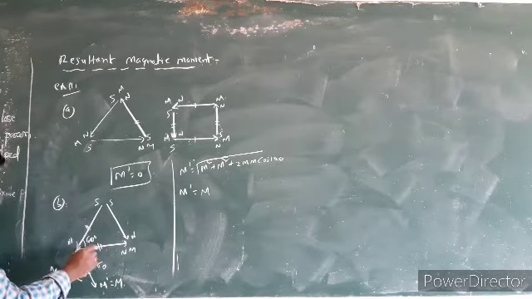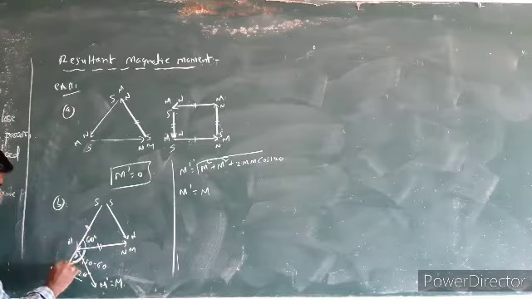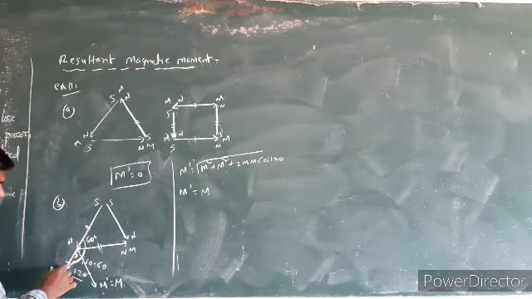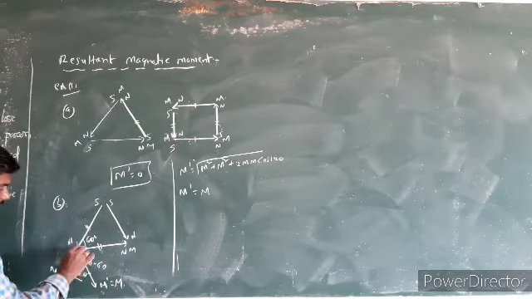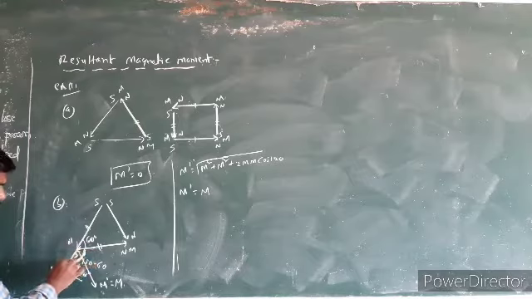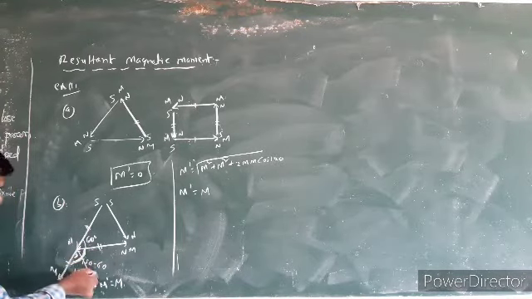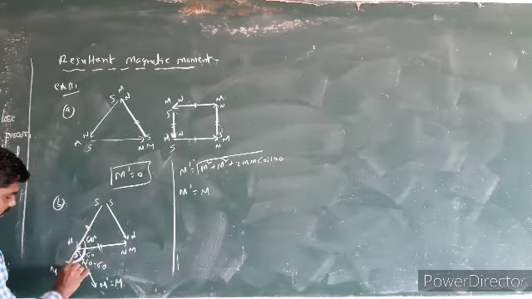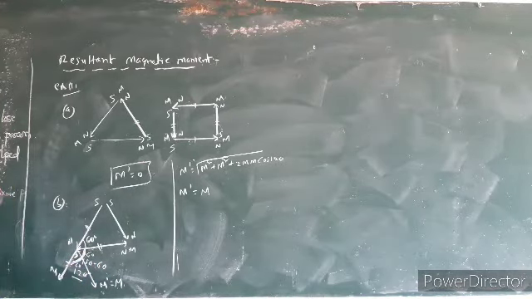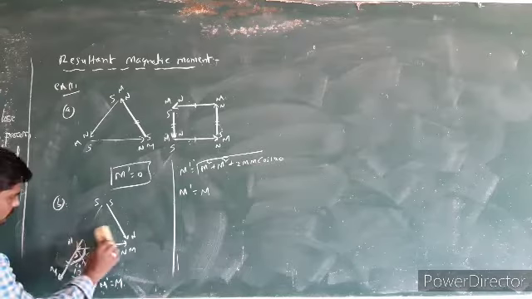Here, for example, in the place of this magnet, I consider here. These two have the same magnetic moment, equal magnitudes. Therefore, the resultant makes equal angles with the two magnetic moments. The actual angle between the two magnetic moments is 120, therefore divide 60, 60. Okay. Now, remove these two.